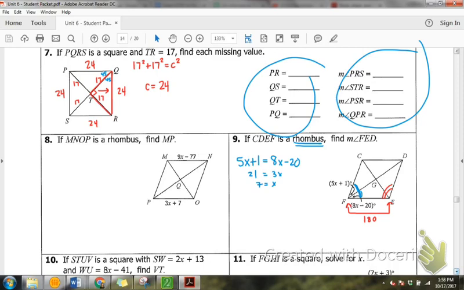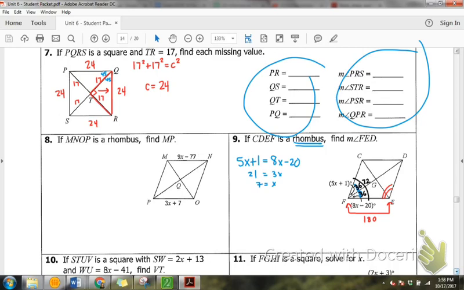Yeah. Okay, so if I plug 7 in, 7 times 35 plus 1 is 36. So this little angle is 36, which means the other one is also 36. So together, 36 and 36 is 72. So this angle over here is 72.